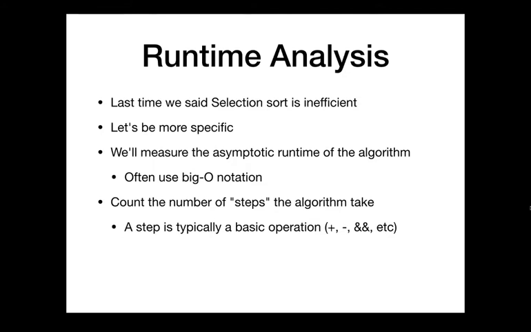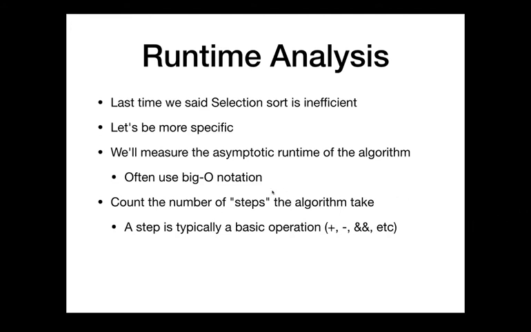All right, so last time we saw selection sort. We saw that it was very inefficient. It works, but as we know from 115, it's an n-squared algorithm, meaning if you have an input of size n elements in the data structure, it's going to take an order of magnitude equal to n squared, not exactly n squared, but n squared times some constant number of operations to compute that.